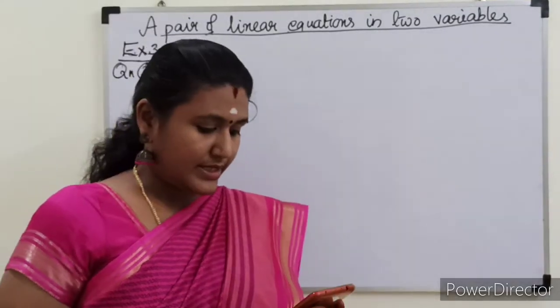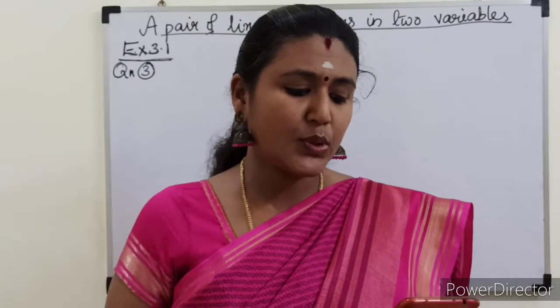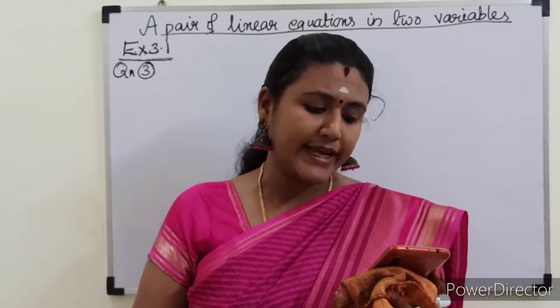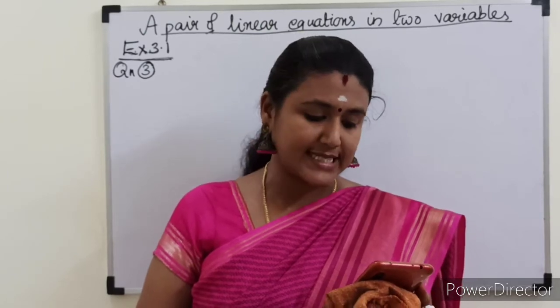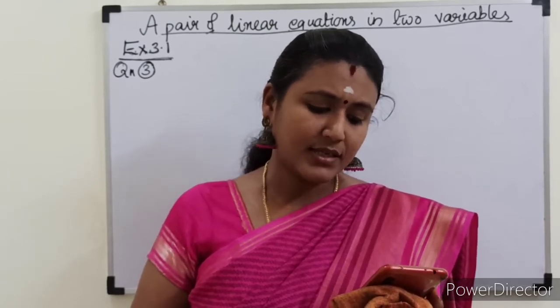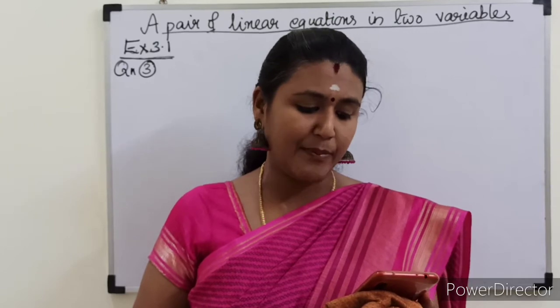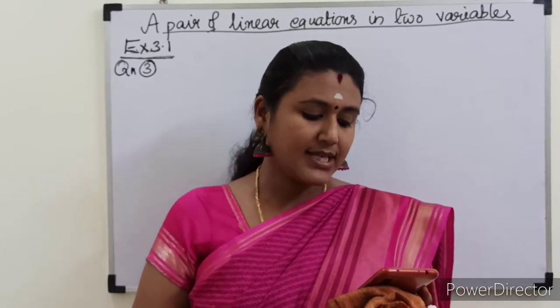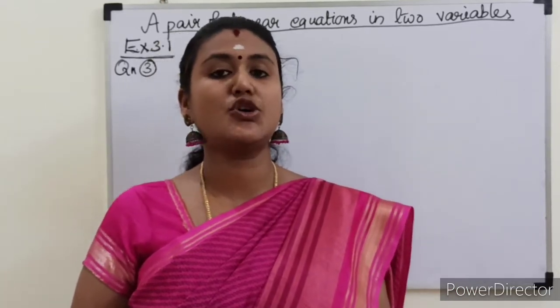Now the third question. The cost of 2 kg of apples and 1 kg of grapes on a day was found to be rupees 160. After a month, the cost of 4 kg of apples and 2 kg of grapes is rupees 300. Represent the situation algebraically and geometrically.